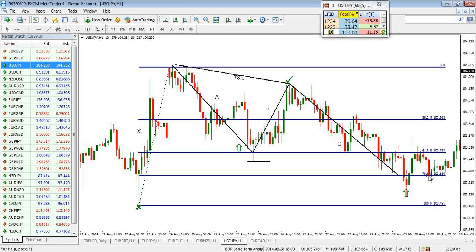Remember, I can enter into this trade anywhere between the 78.6 level and the 100% retracement level. When I'm able to watch the pair view screen on the 1 hour totals, waiting for it to go to a +5, the totals would look like this: you see LP23 right here, how it has a +5.87 positive. That's a buy imbalance of 5.87. That's what a +5 would look like.